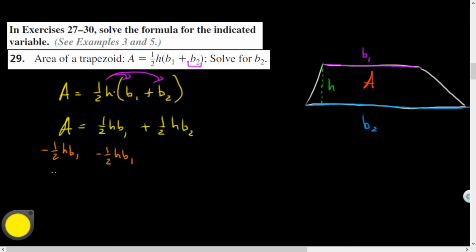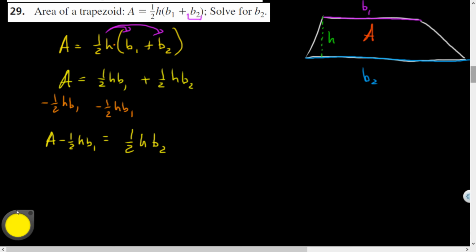This problem's practically all letters, and that might be scary, but don't you worry. So those were not like terms, notice. That's why I just wrote a minus that thing. Equals, now I'd be left with, these canceled out, which is what I would have expected, 1/2 h b2.